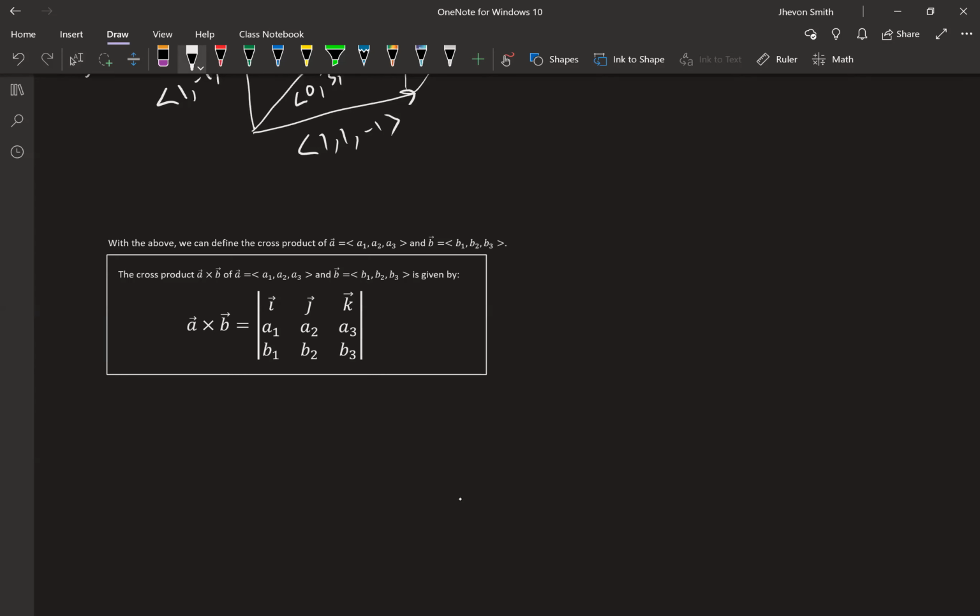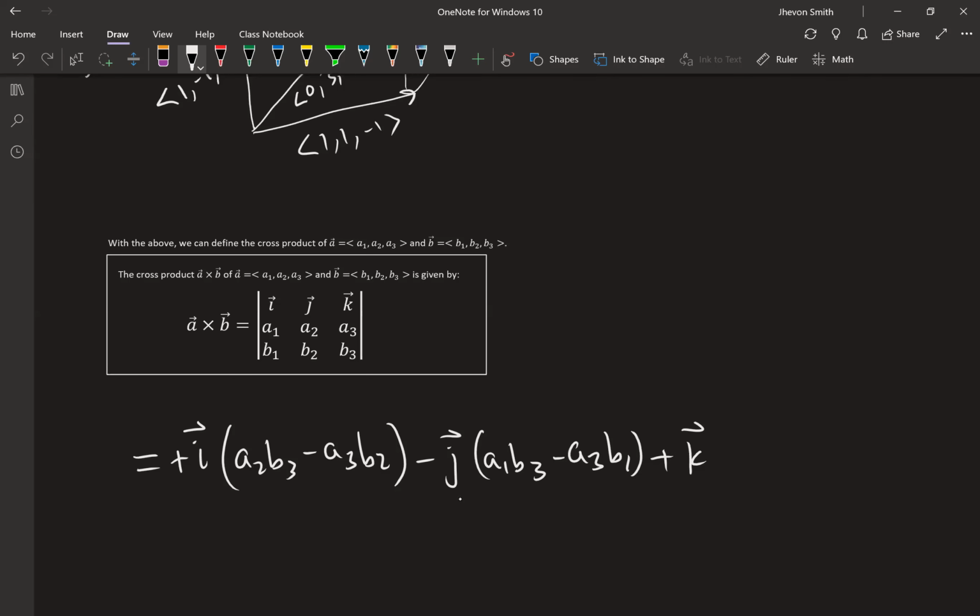You will notice that if I were to apply the rules of determinants that I have, this is going to be plus I times, block out everyone in that row and that column, and then do the multiplication, you would get here A2B3 minus A3B2, minus J, block out everyone in that row and that column, you will get A1B3 minus A3B1, plus the K, block out everyone in that row and that column, you would get A1B2 minus A2B1.